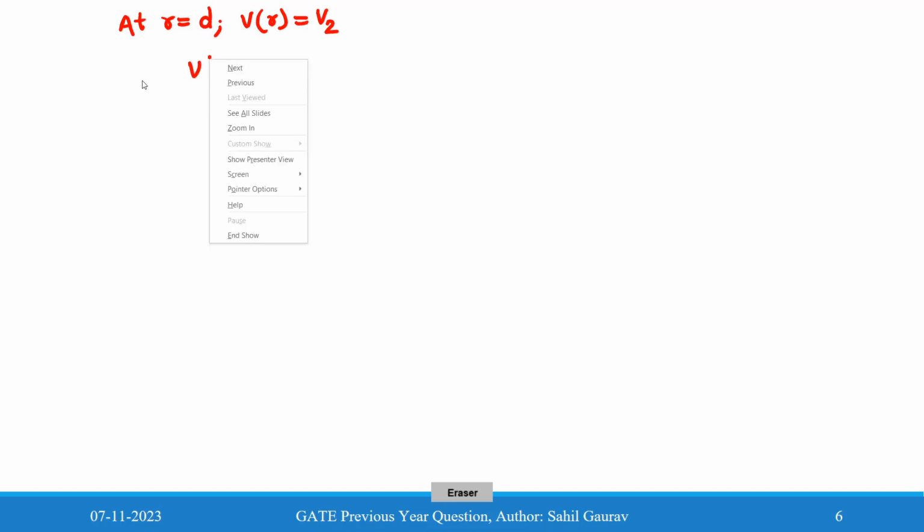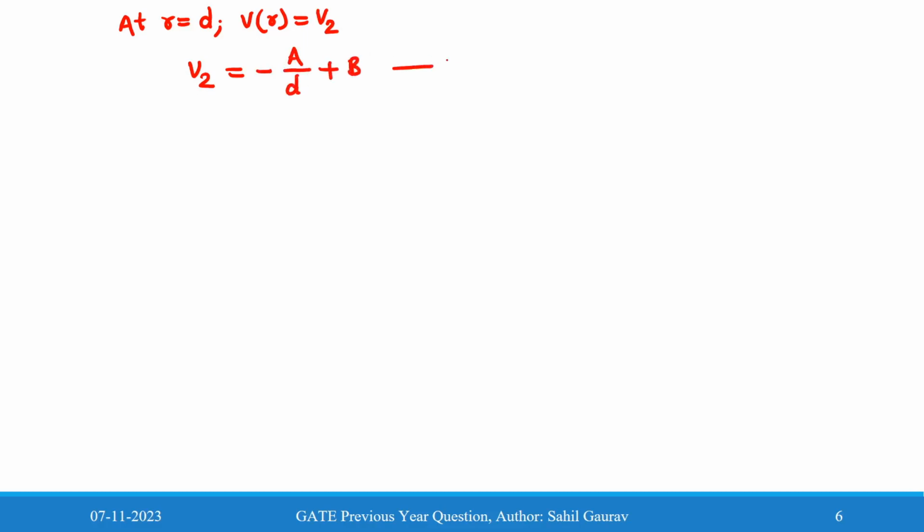Now at r is equal to d, using the second boundary condition, V(r) is given as V2, so it becomes V2 is equal to minus A divided by d plus B. So this is the third expression.